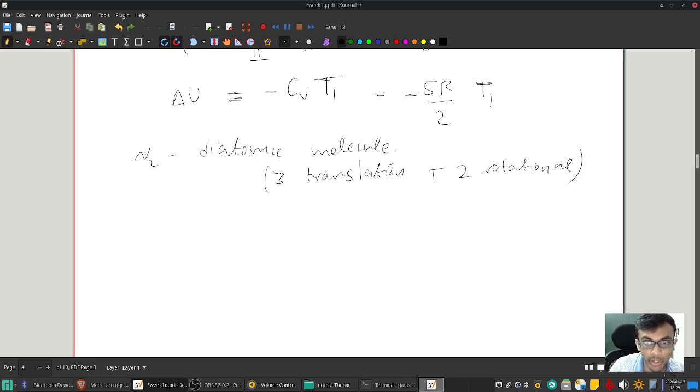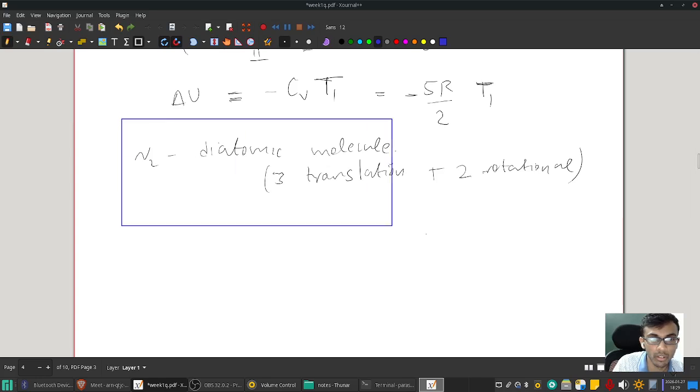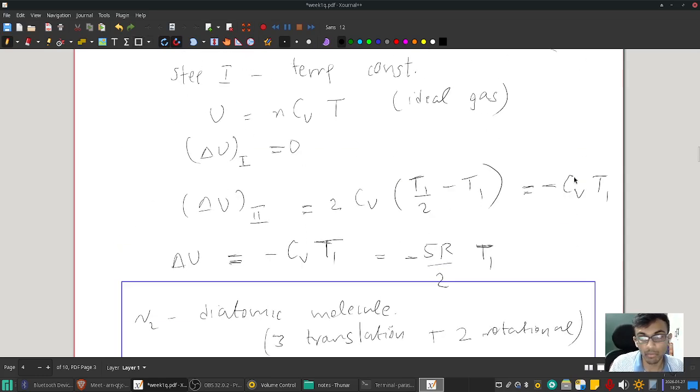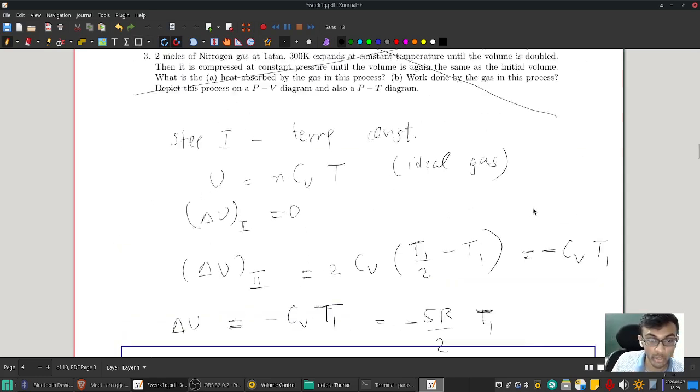So this is where this 5 by 2 is coming from. So that was delta U for both the steps combined.